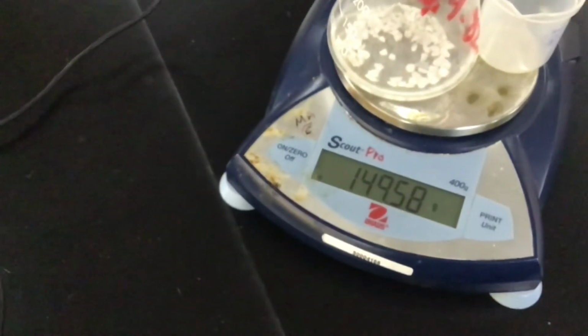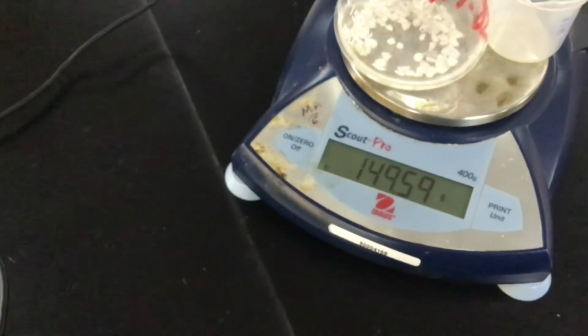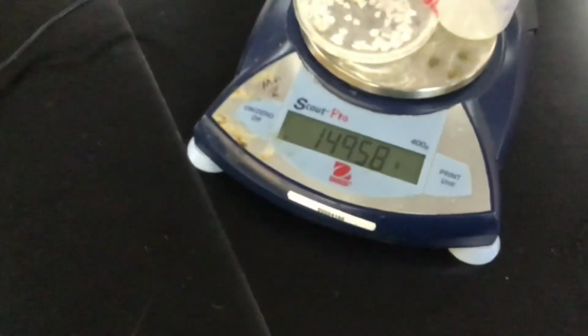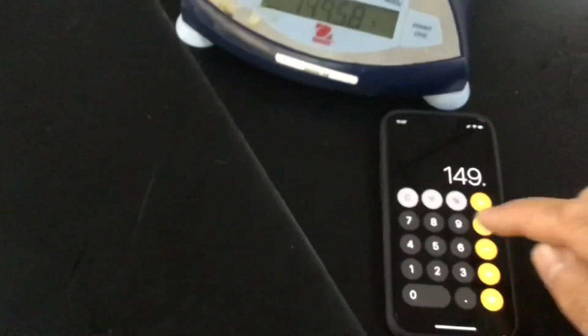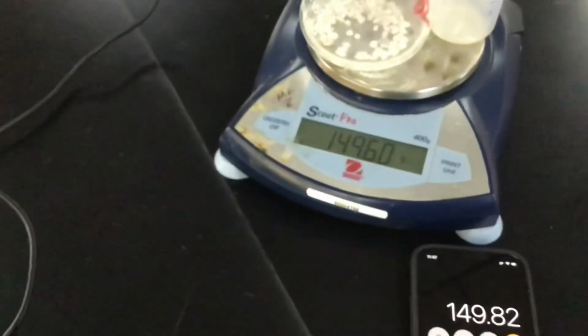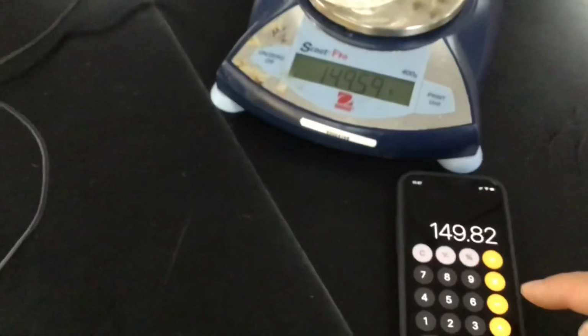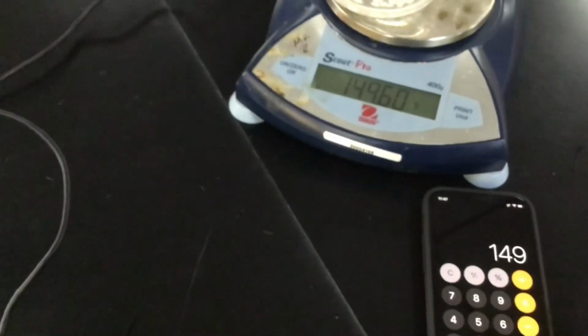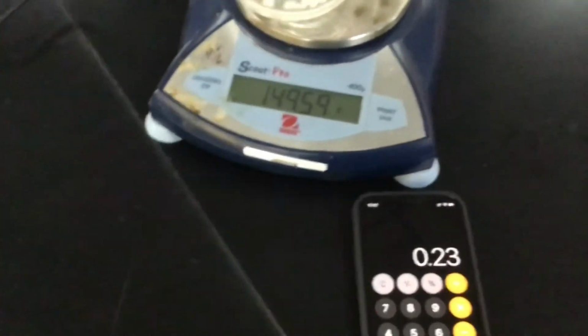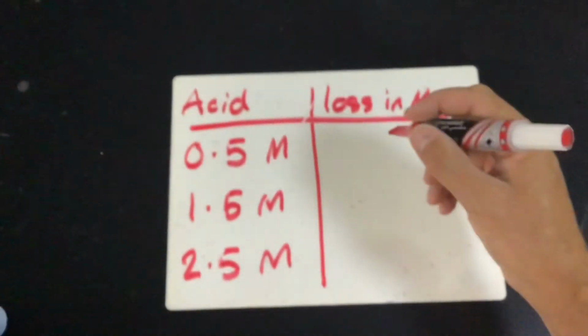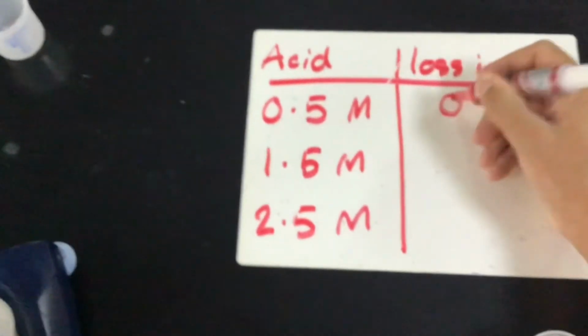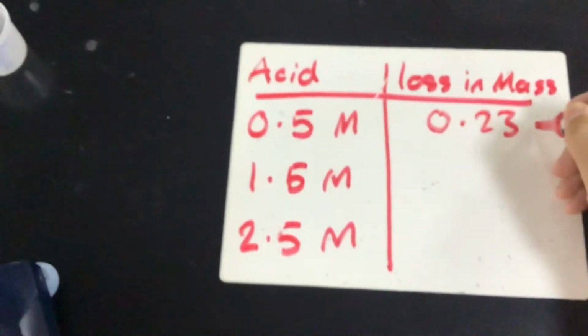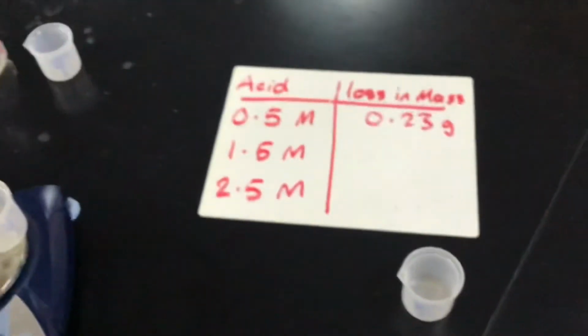So, calculator. It was 149.82, and it went down to 149.59, which gives us a reduction of 0.23 grams. So there we go.